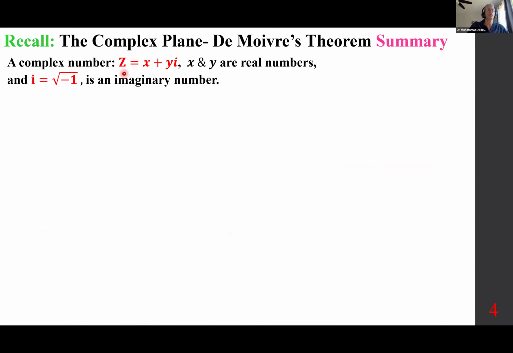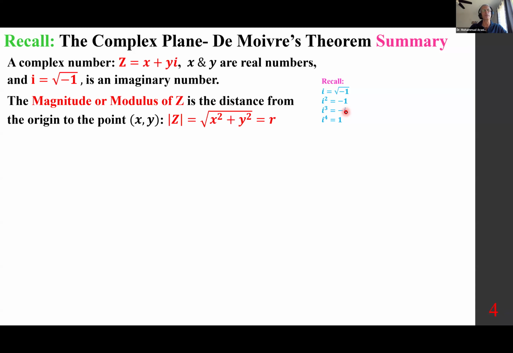For the complex plane, remember a plus bi. Now z is x plus yi, the same thing, where i squared is -1, i cubed is negative i, and i to the power of 4 is 1. The magnitude, also known as the modulus, is the square root of x squared plus y squared.